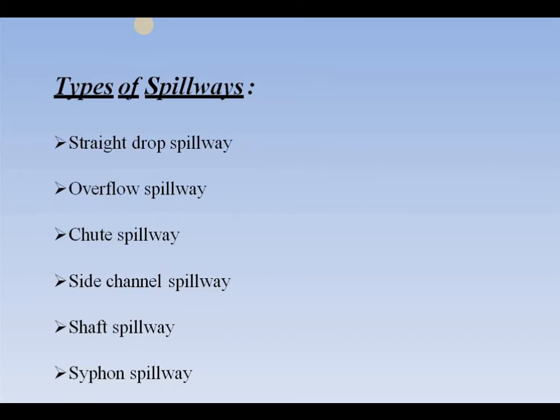The second one is the overflow spillway, that we can also say is an ogee spillway. Third one is a chute spillway, side channel spillway, shaft spillway, and siphon spillway. Right? So these all are the types of spillway. So we will see each and every type in detail.